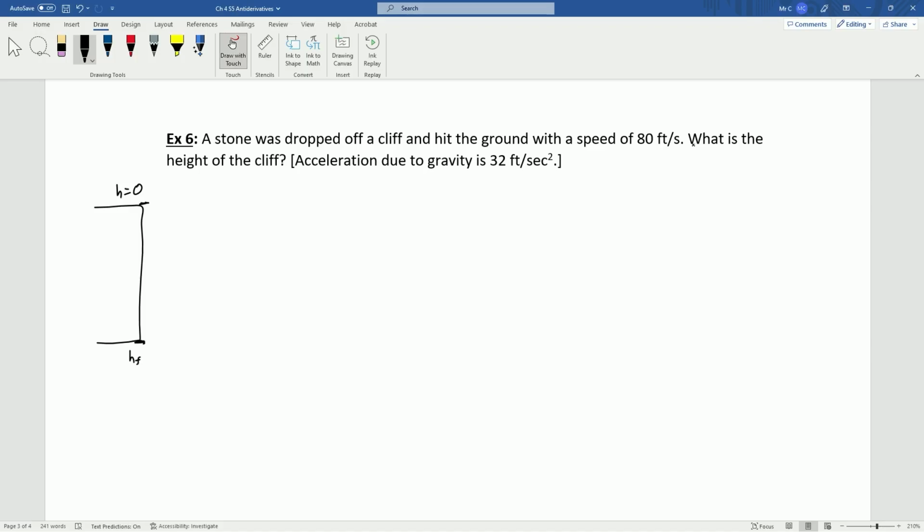Okay, so what do we need? We have acceleration. We have the initial, the final speed. Well, we need to find the antiderivatives. So the acceleration is 32 feet per second squared. Well, what is velocity? It's the antiderivative of acceleration. So that's going to be 32t plus some constant.